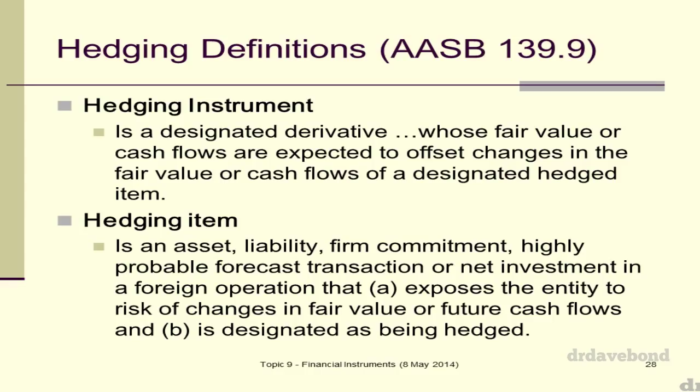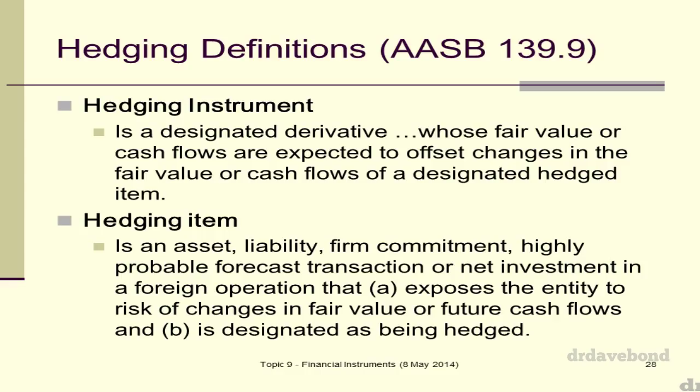So the hedging instrument is a designated derivative whose fair value or cash flows are expected to offset changes in the fair value or cash flows of the designated hedged item. Now, a hedged item is an asset, liability, firm commitment, highly probable forecast transaction or net investment in a foreign operation that exposes the entity to risks of changes in fair value or future cash flows and is also designated as being hedged. So the examples we had last week around foreign currency where you've bought something from overseas and you owe the supplier, so you've got an account payable there in foreign currency.